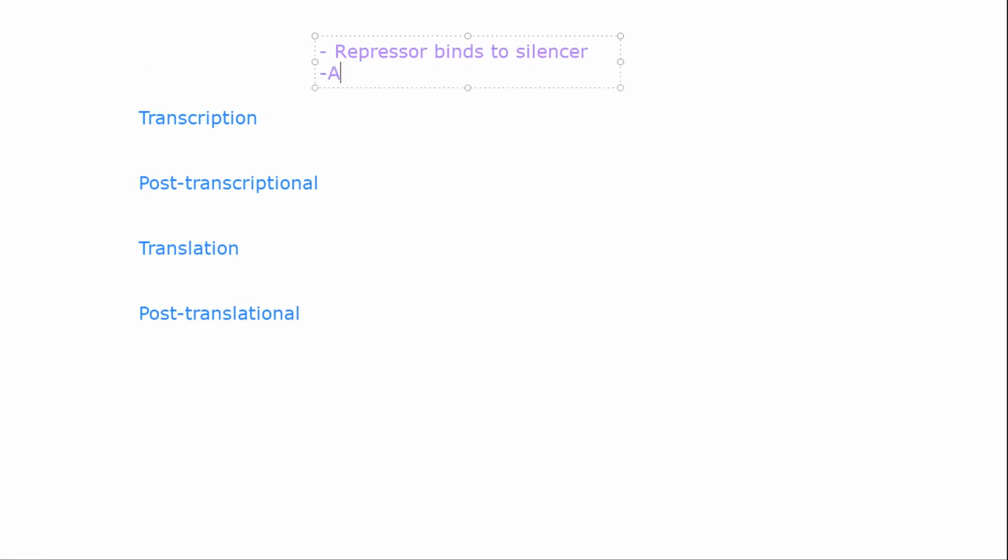We also have activators, and they bind to enhancers. You can also use co-activators. There is a step where you can change mediator binding, but that's not one that gets talked about very much. I'll put it on here just so we can compare it.